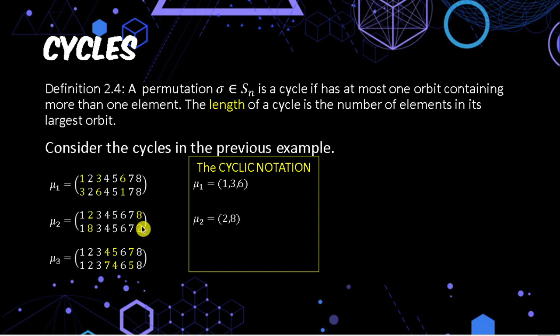Ito naman, (2 8). At ito naman ay (4 5 7). Of course, makikita natin na yung length ng mu sub 1 at mu sub 3 ay 3. Ang length naman ng gitna, mu sub 2, ay 2.